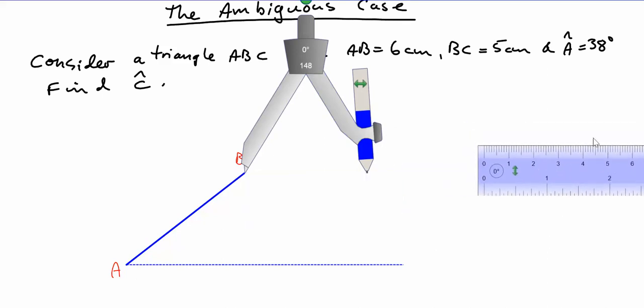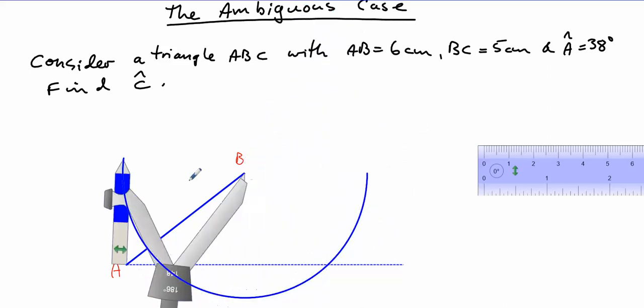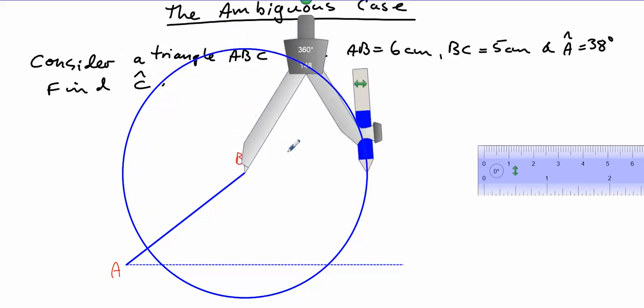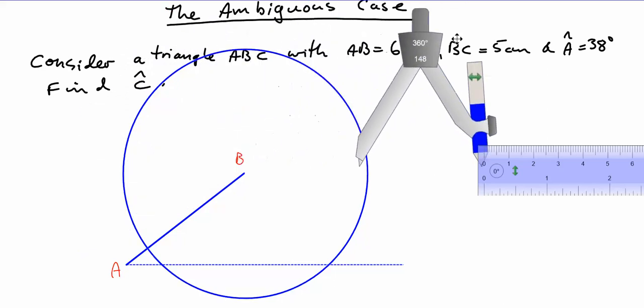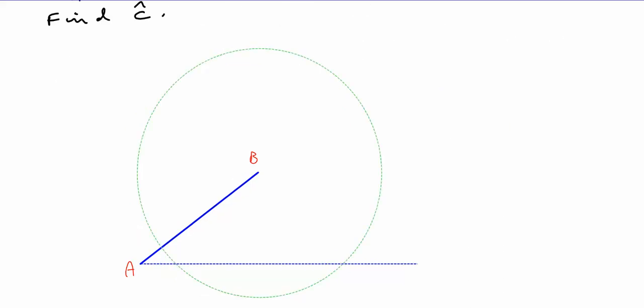Move the ruler out of the way and then draw a circle centre B, like that. Move the compasses out of the way. Okay, well, I'll just make the circle here green, a dotted line.